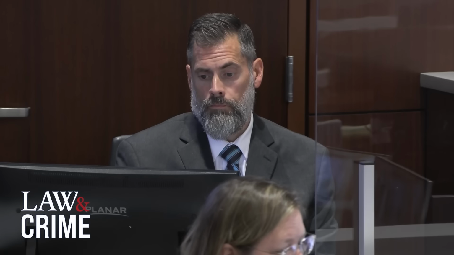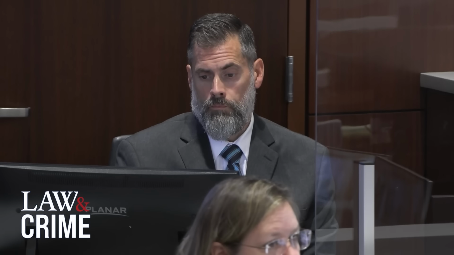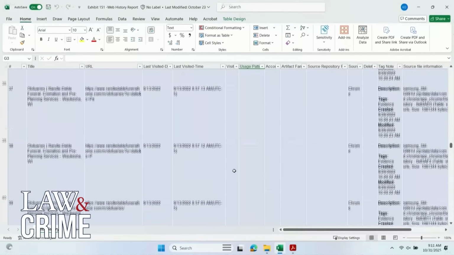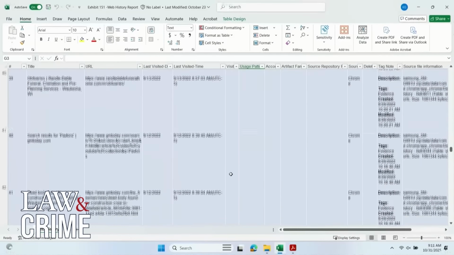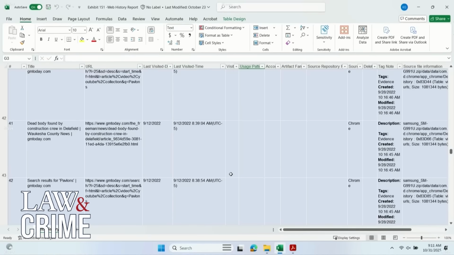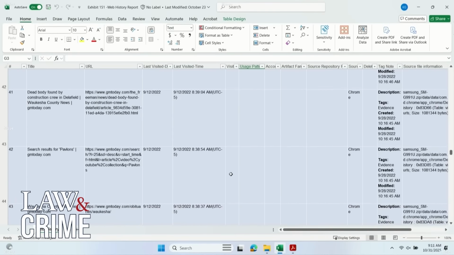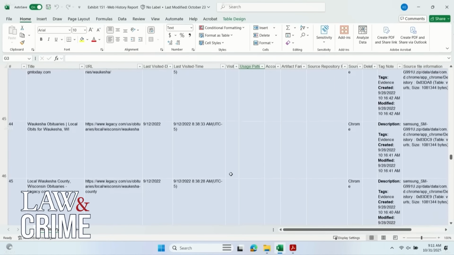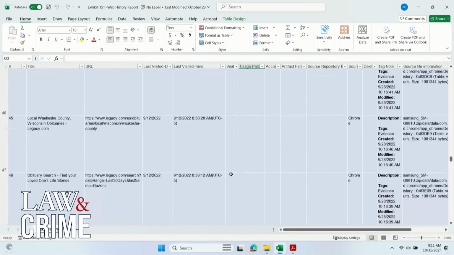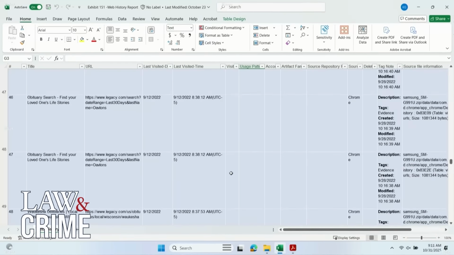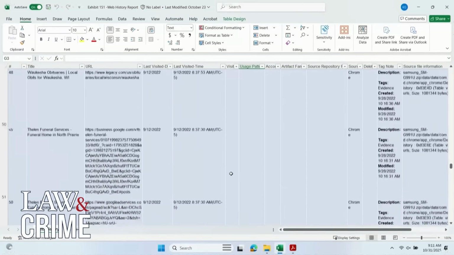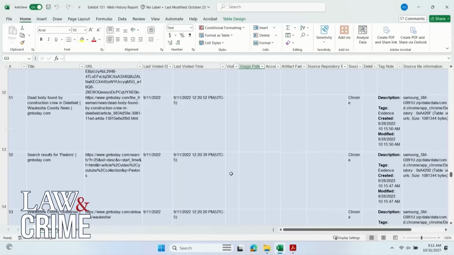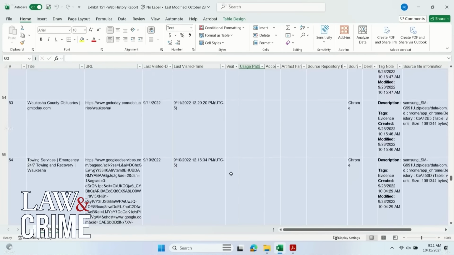September 13th. Keep going. Now we're on September 12th, same types of searches. Correct. Obituaries, funeral homes, and the name of Pavlons, correct. September 12th. Keep scrolling, please. September 11th, same searches.